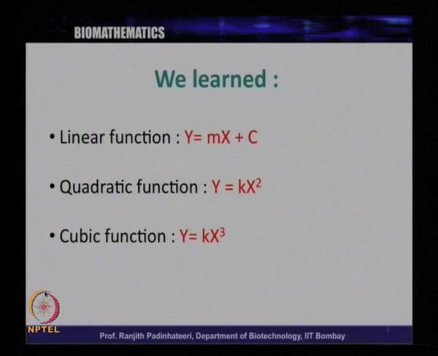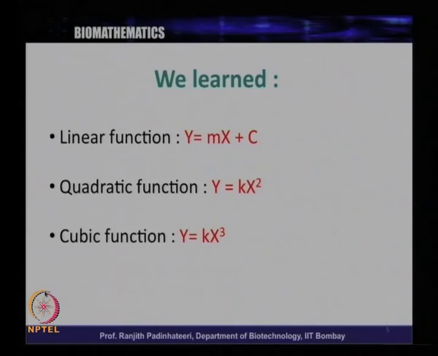Now, we saw many functions, like the linear function y equal to m x plus c. We saw quadratic functions, y is equal to k x square. We saw energy in a spring or the surface area. They are all quadratic functions; for example, the surface area of an organism is a quadratic function of its radius.